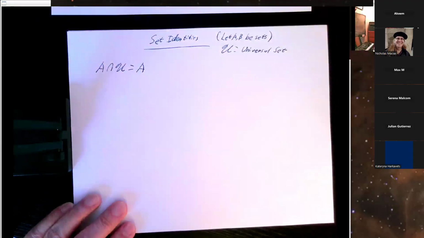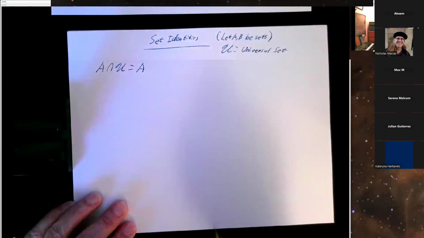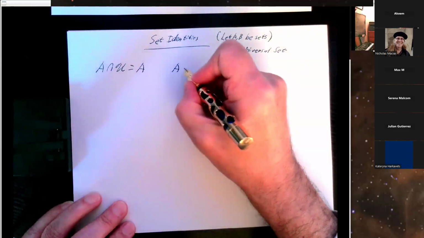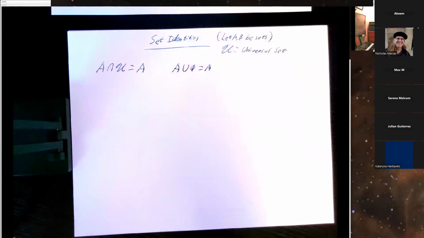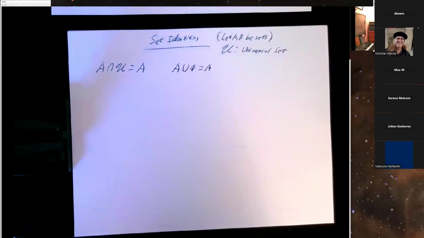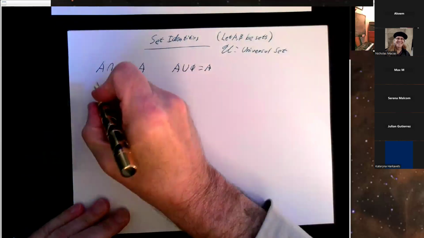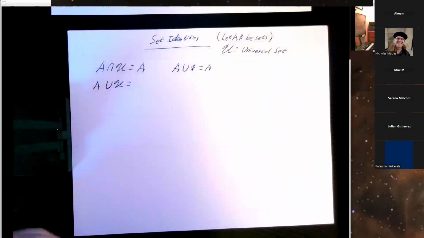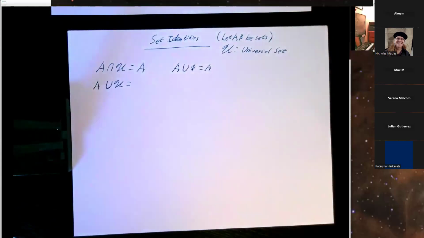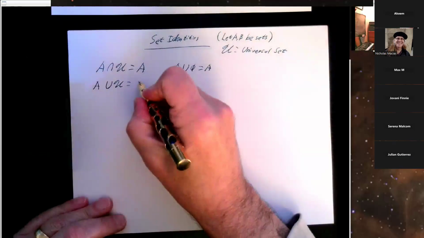So A intersected with the universe just gives us A. A union with the empty set also gives us A. So what if we take A and we take the union with the universal set? What do you think we get? The universal set. We get the universal set.